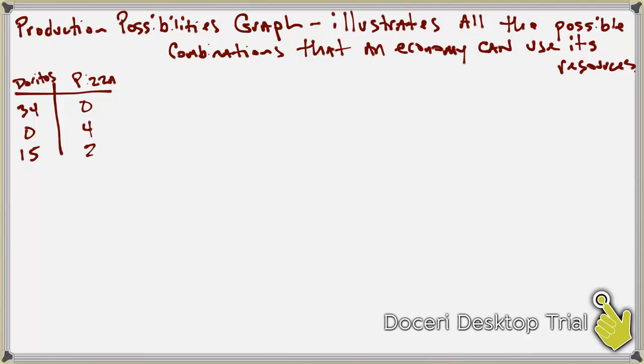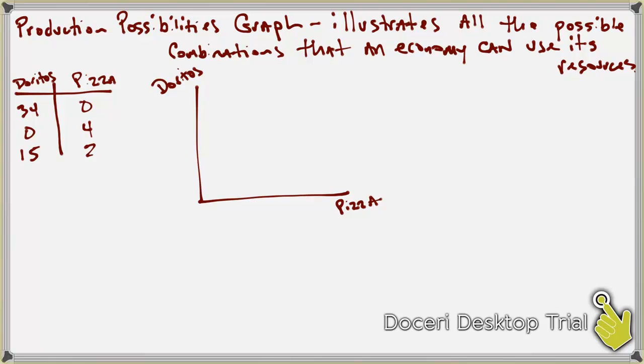So your graph is always going to look like this. And you're going to put each good on an axis. It doesn't really matter which axis you put which good. So I'm going to put Doritos and pizza. And then I'm going to chart this info. So for me, I'm going to put 34.